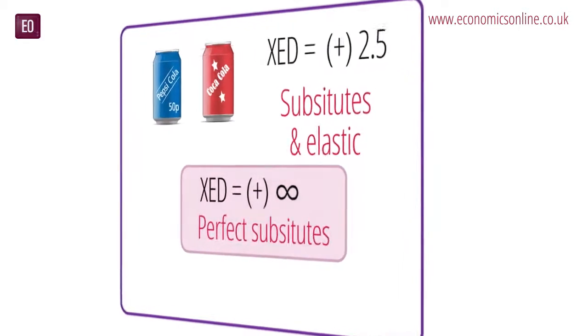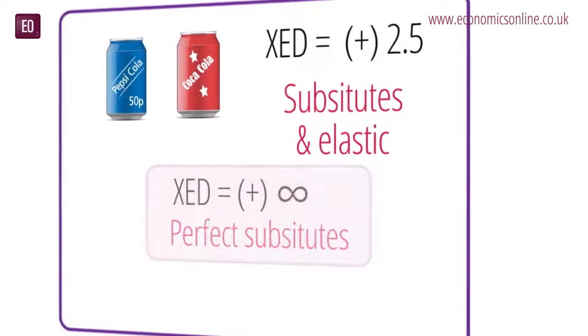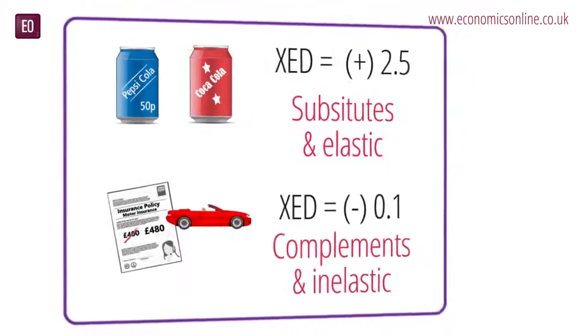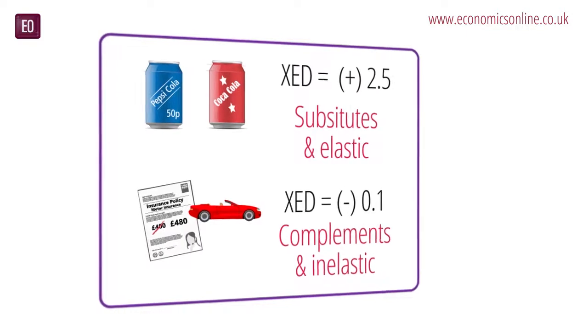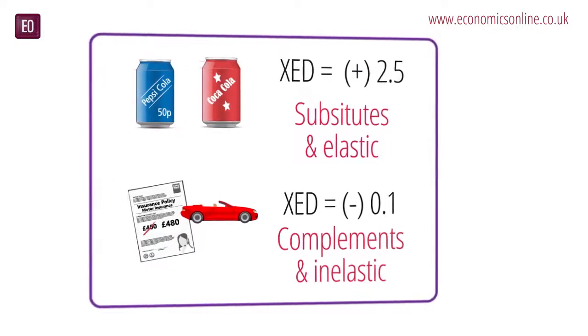In the case of motor vehicles and motor insurance, while the negative coefficient indicates the goods are complements, the low value, at minus 0.1, indicates that the response is much less than proportionate, suggesting that changes in motor insurance premiums have a relatively small impact on the demand for vehicles.